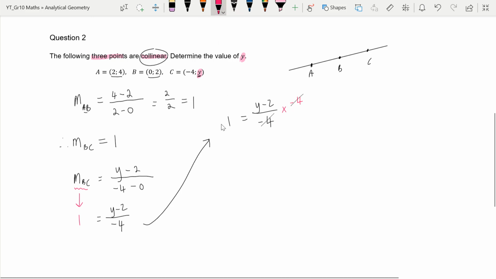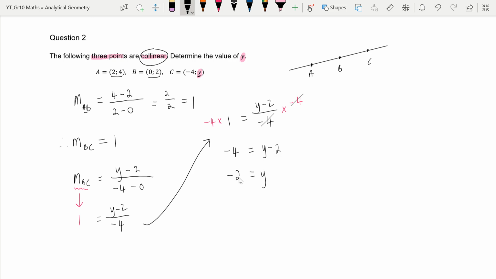And as long as I do that on the other side as well, on the left-hand side I get -4, and on the right-hand side I am left with y minus 2. And then if I add 2 on both sides, my y will be equal to -2. So coordinate C would be equal to (-4, -2).